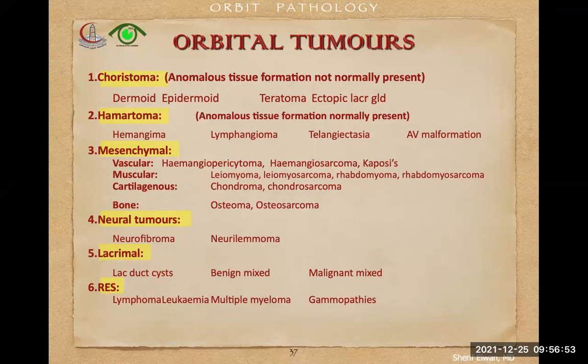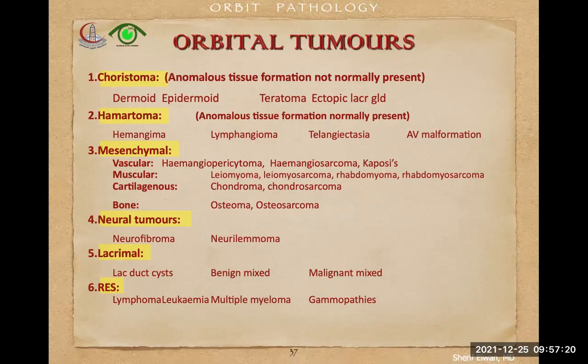Point of order here is that a tumor in pathology means a mass. And this mass might be a neoplastic mass or a non-neoplastic mass. That means not all tumors are neoplastic. By neoplastic, we mean the growth that might be either benign or malignant.